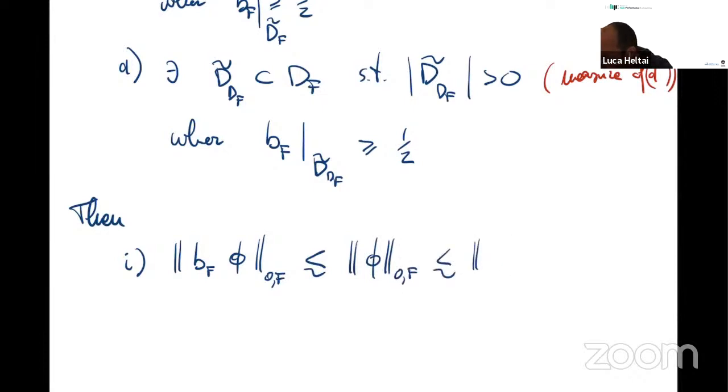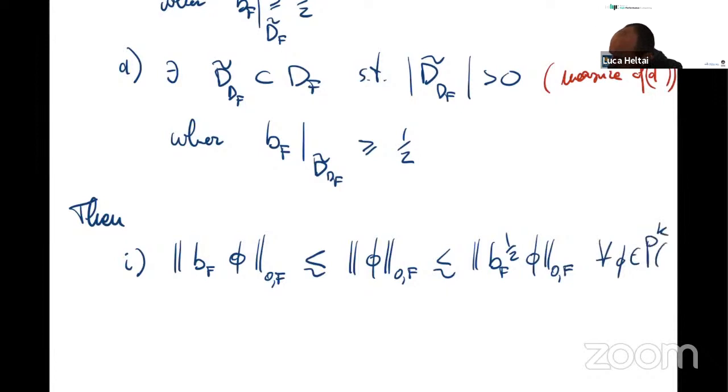This is BF to the power 1/2 phi on F, and this is for any phi in Pk of F. Okay, so this is for any polynomial function.